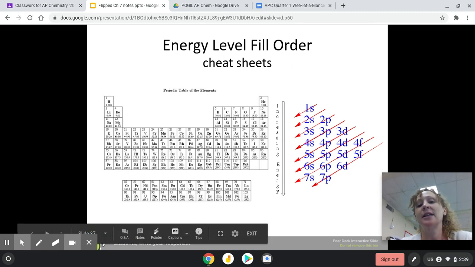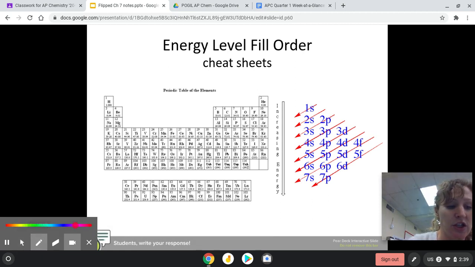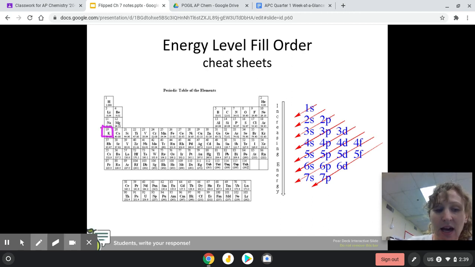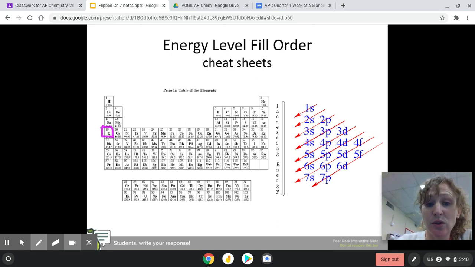Okay, so again, here is your energy level fill order. And I just wanted to reference this one more time because of the noble gas configuration. So if we're looking at potassium again, potassium has 19 electrons. I'm going to start with the noble gas that is right below it. So I can't use krypton.